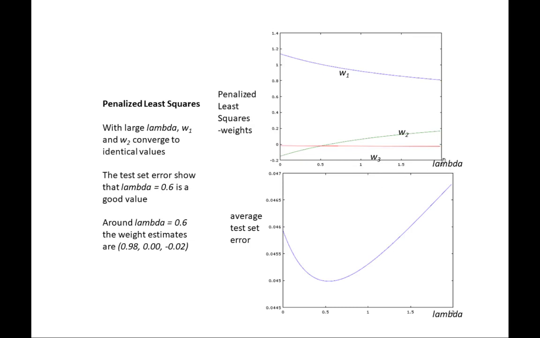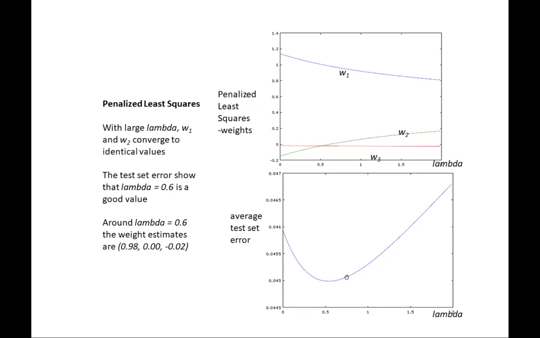Here is lambda, so this regularization parameter, and we increase it slowly. Let's first look at the test set error. We see with small lambda, we get a certain error. If we increase lambda, the error goes down.